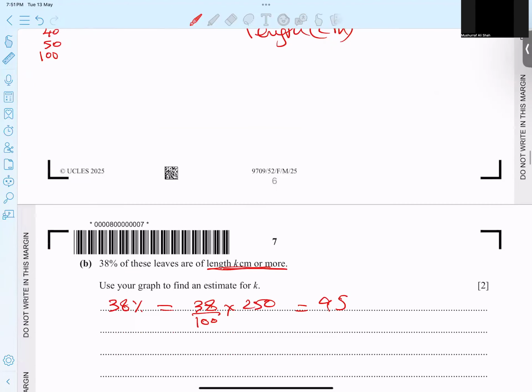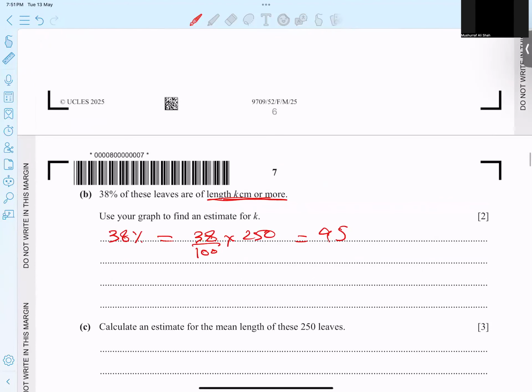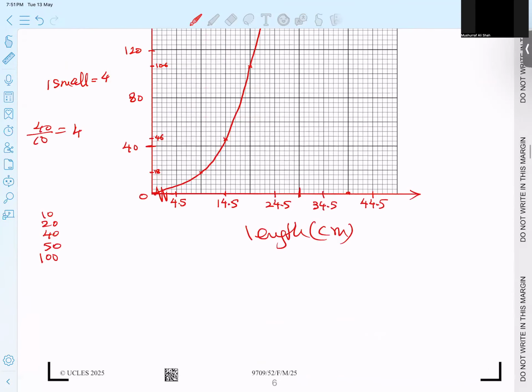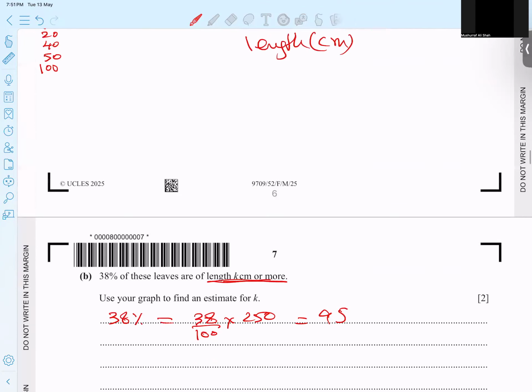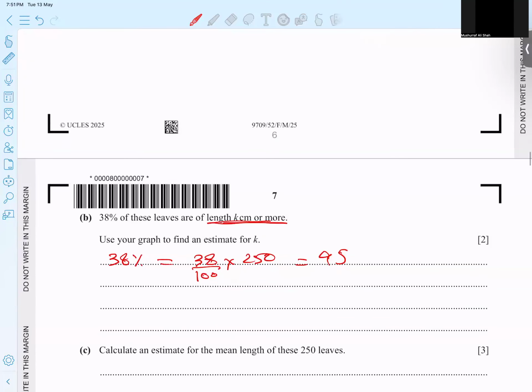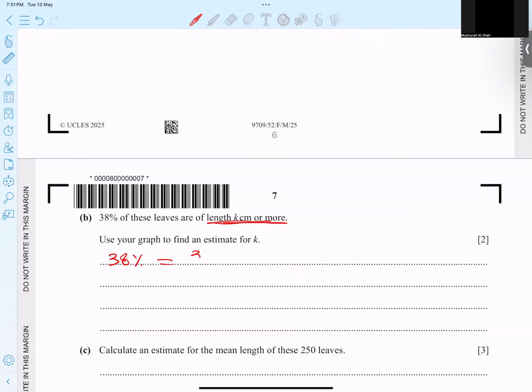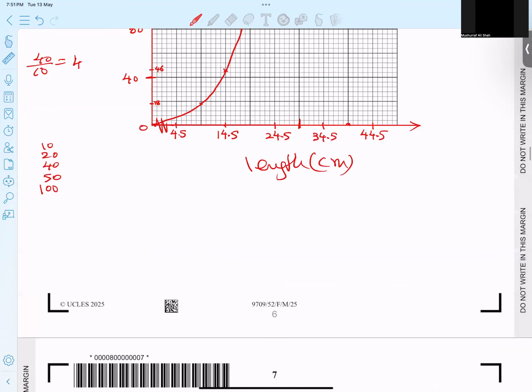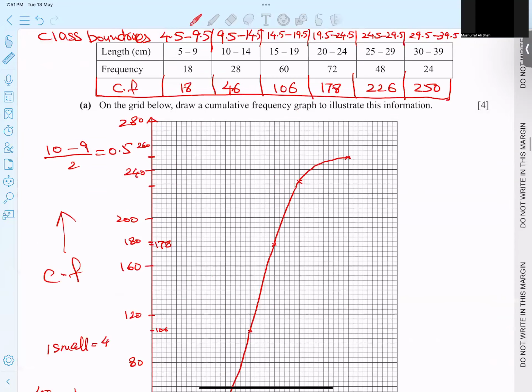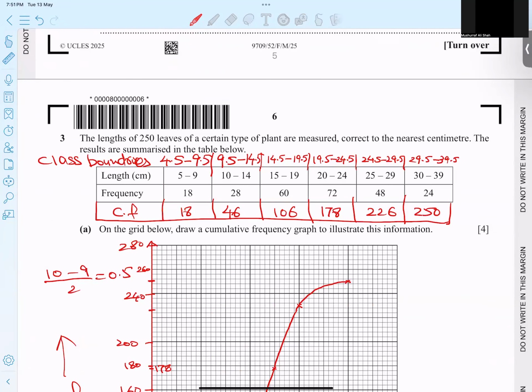Wait a minute, please. 38% of the leaves, and how many leaves in total?